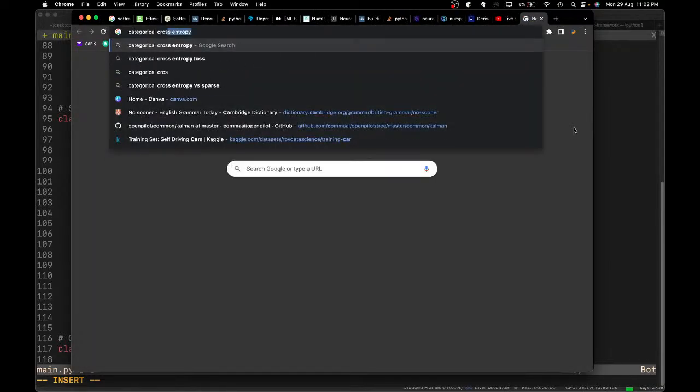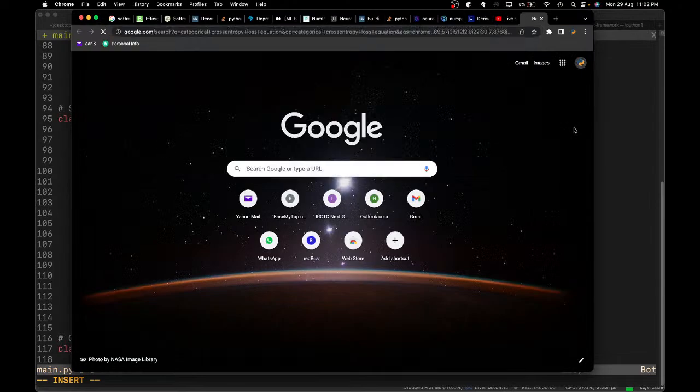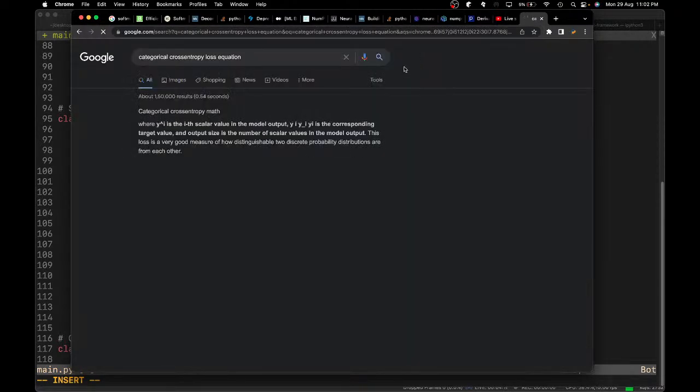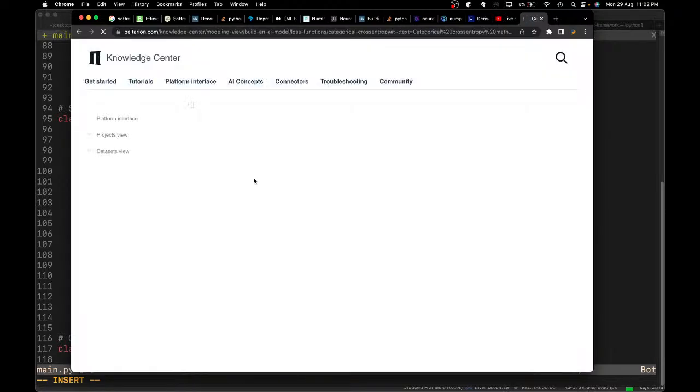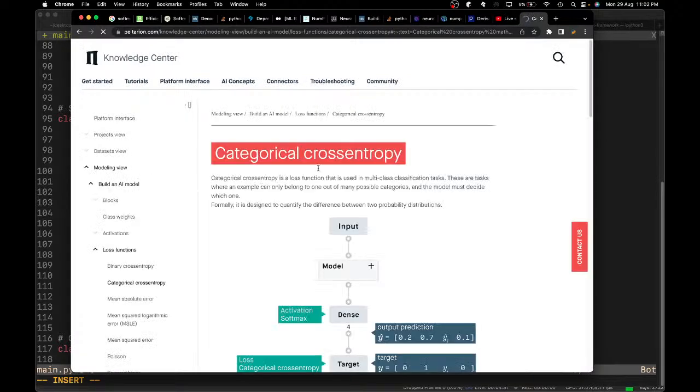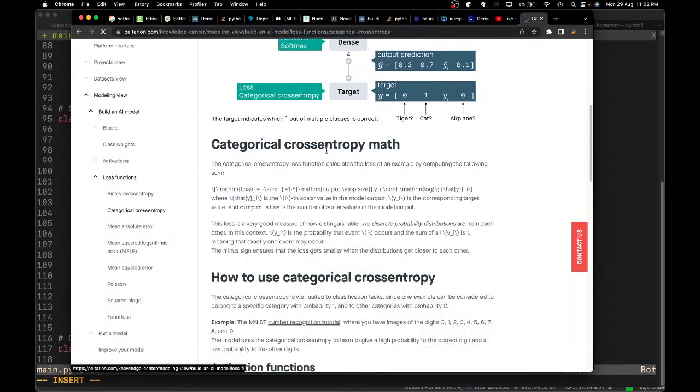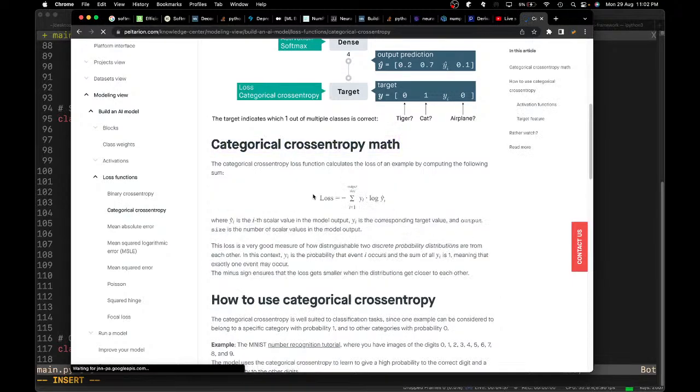Categorical cross entropy loss equation. We also need to calculate its derivative. Okay, come on, why isn't the page loading up? So we need to get the actual equation.